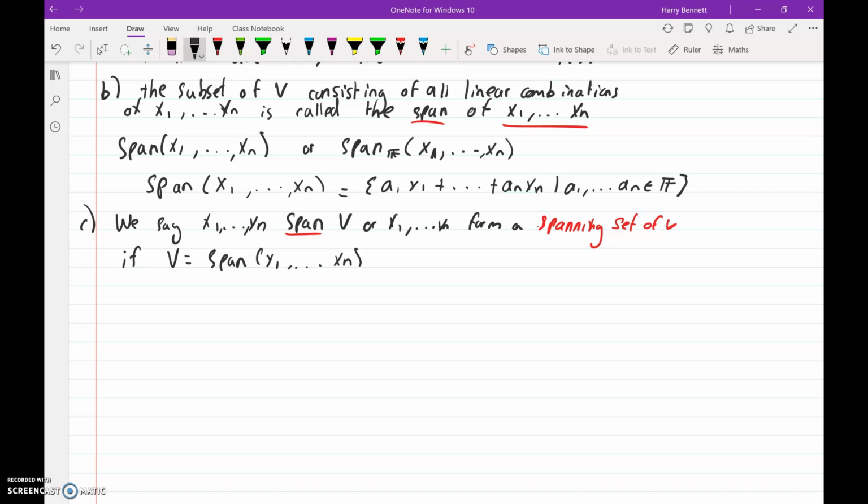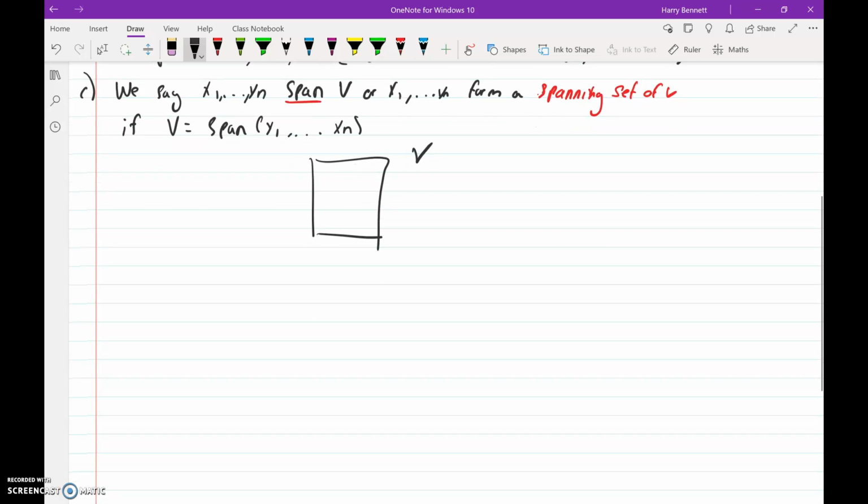So this means you choose any x in V. So here's V, which has a set of vectors in it, and here's our field F. This is very unconventional notation. I'm just doing it intuitively so I can demonstrate to you, but this is not what you're going to see in any textbooks.